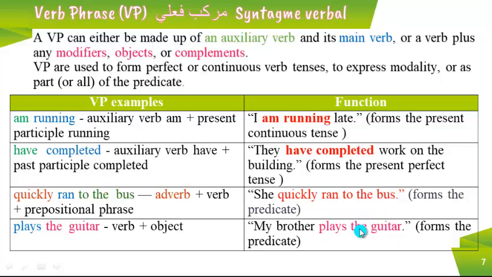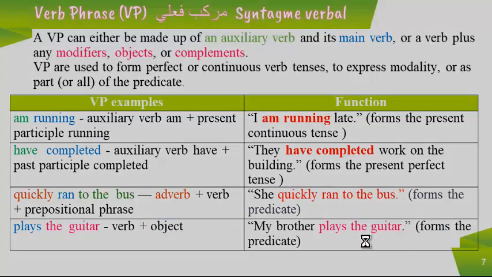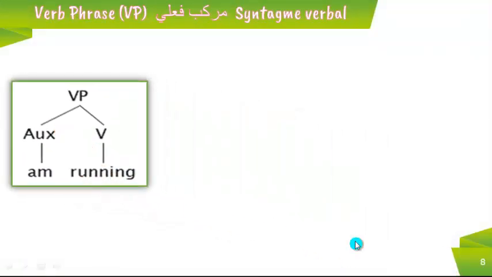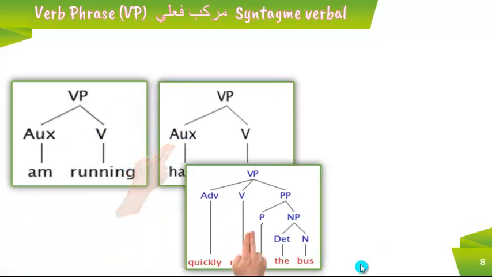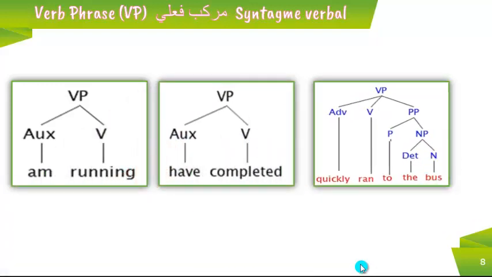Here the guitar is the direct object, the object of the verb. These three diagrams are used just for explanation to discuss the different constituents of the phrases, and also to highlight their functions.